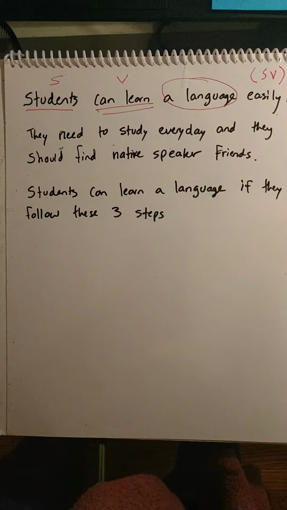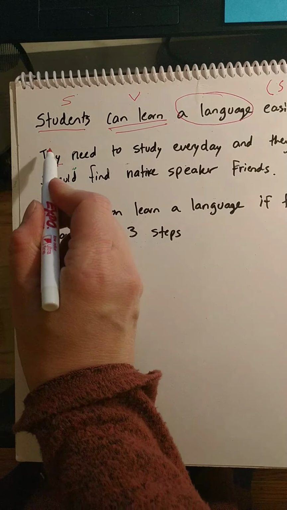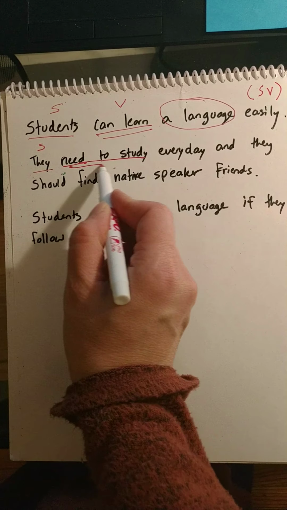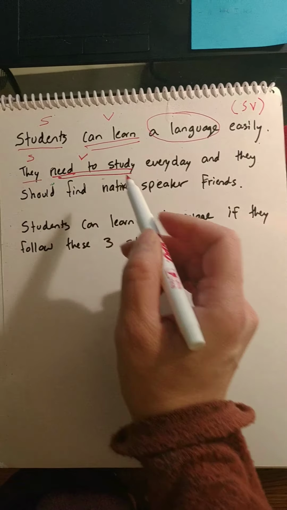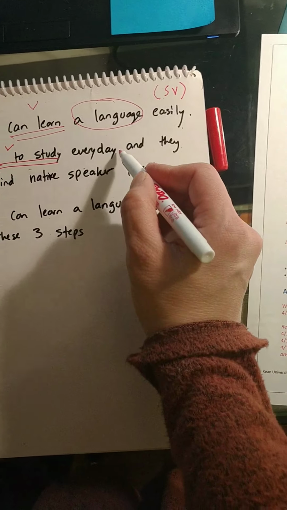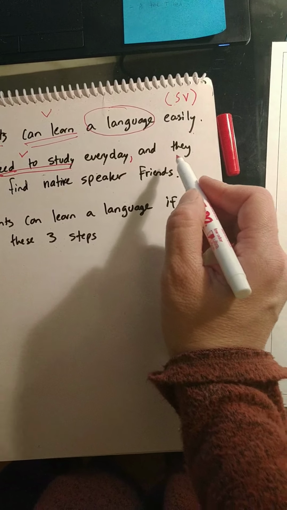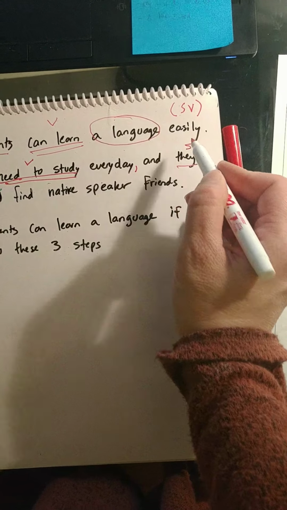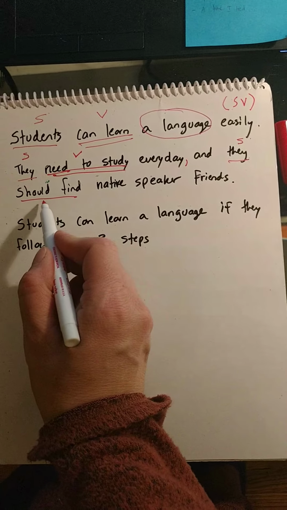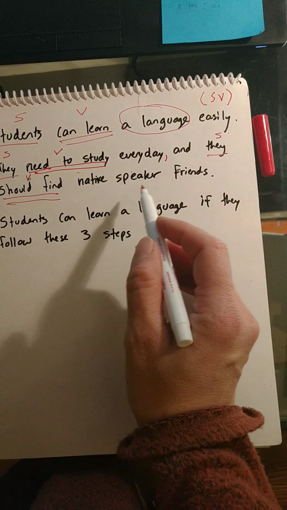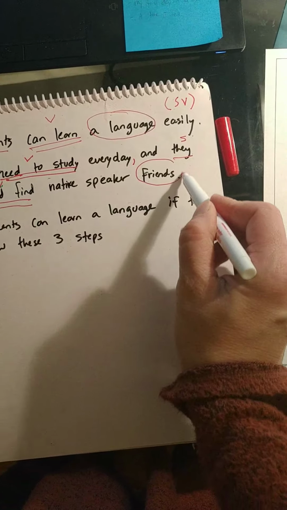Okay, now I will do it for you. They, as a subject, need to study is the verb. Every day, oops, I forgot a comma. And they should find native speaker friends. That's an object.